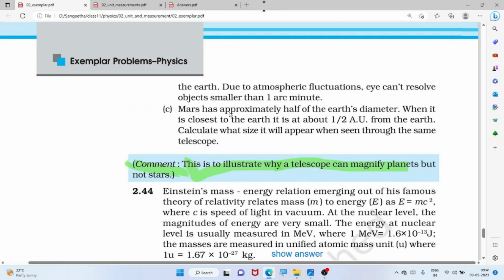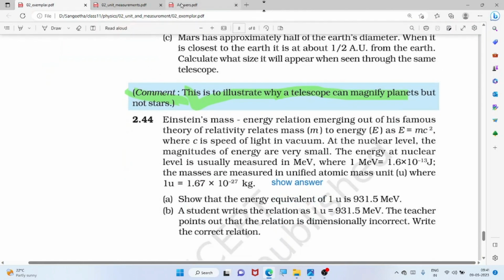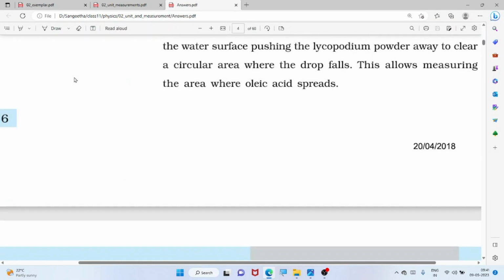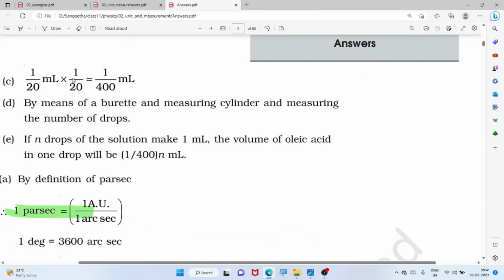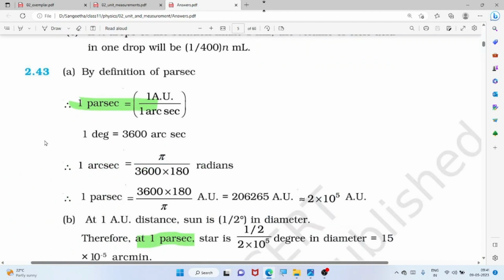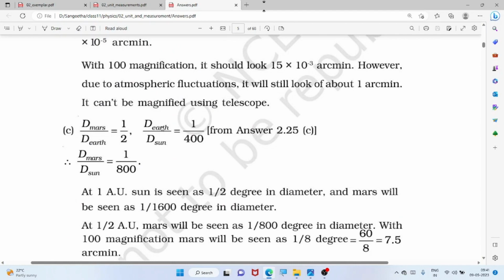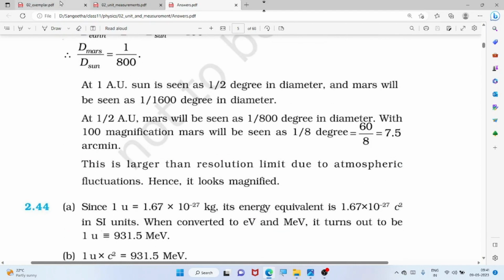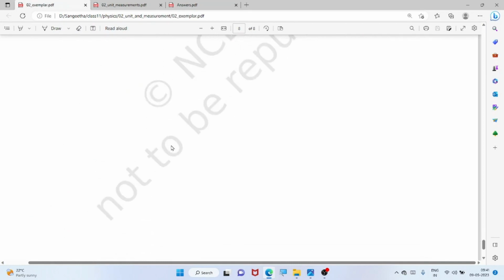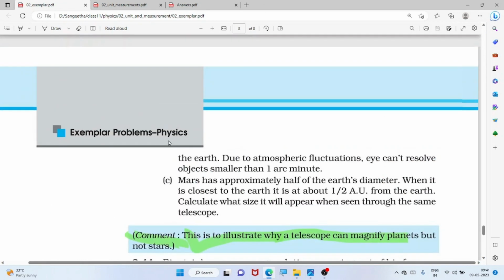So you can go through the answers given in 43. They have given 1 arcsec, I already showed you, 1 divided by 360, that many radians. So you can go through this. Okay, you go through the answers given in the answer section.